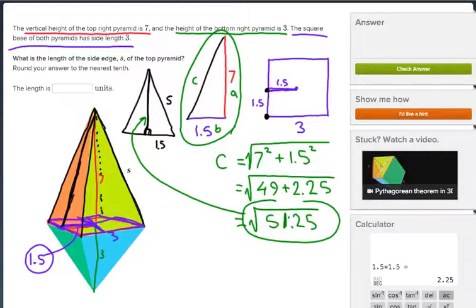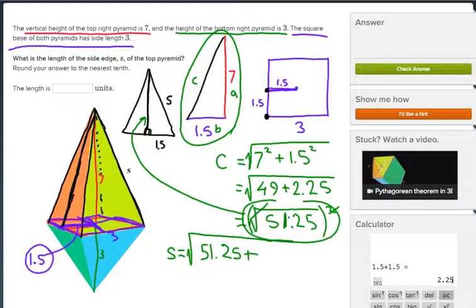Okay, so we have the square root of 51.25, we've got 1.5, and we have S then is equal to the square root of, now let's look at this carefully, we've got the square root of 51.25 squared, so let's just unsquare that, we're just squaring the square root, which means we just cancel out, so that's just 51.25.